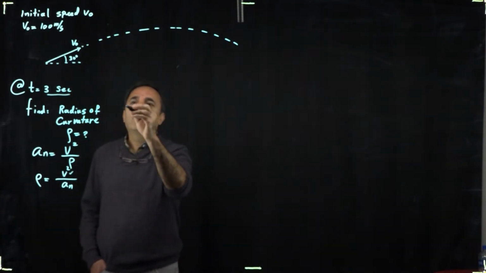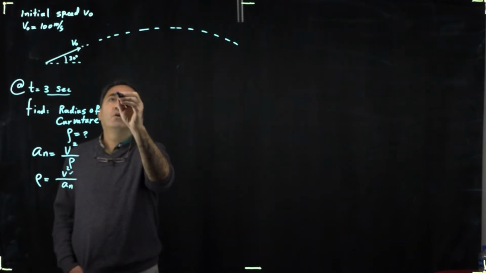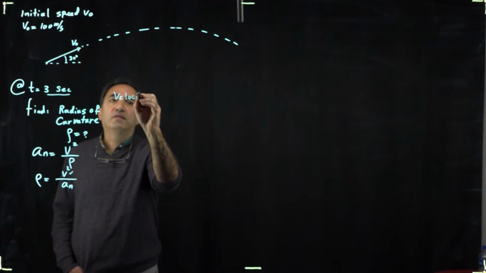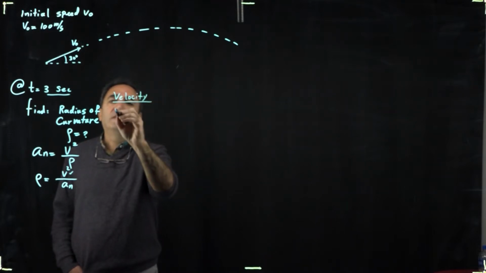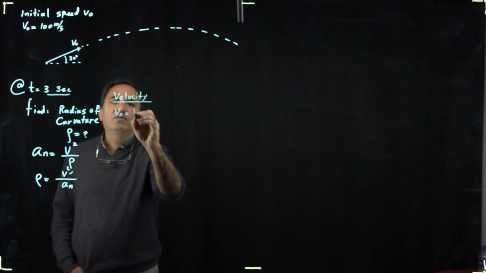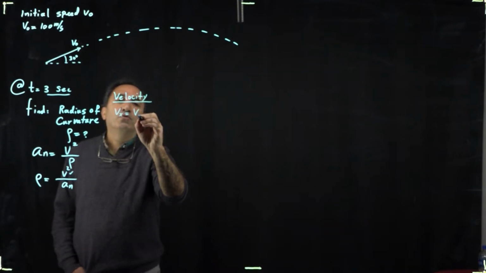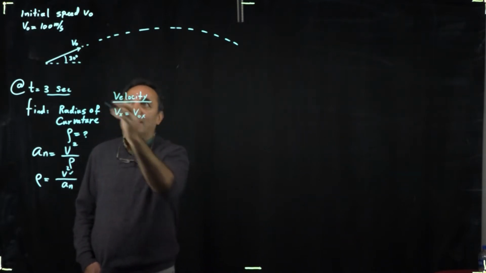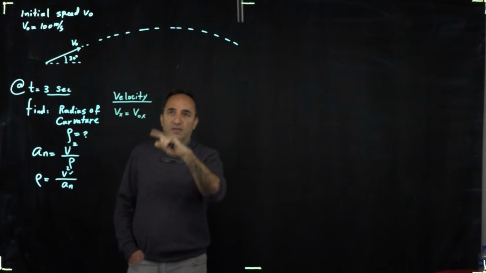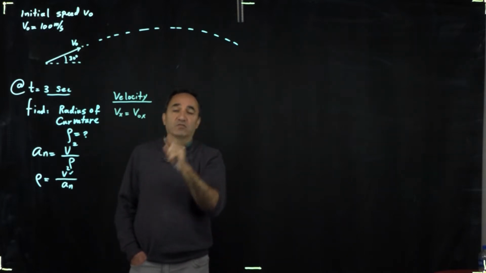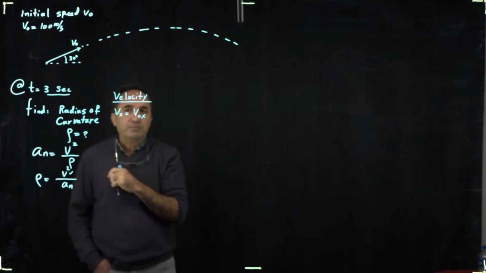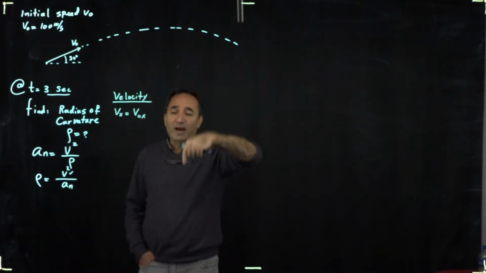Well, velocity is obvious, guys. You have your equations for velocity. At any instant, you need to find the x component. Now, the x component is equal to v0x always, the initial x component, because we are neglecting the friction in the x direction. So basically, the only acceleration we have is due to gravity.